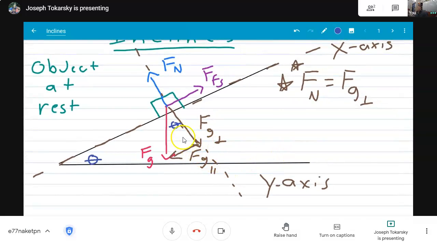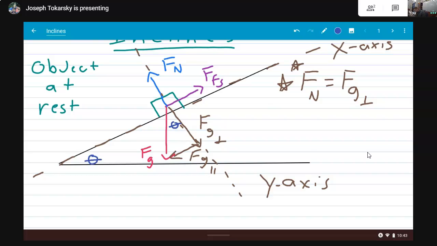All right. So if I have a reference angle theta, and these are sides to a right triangle because I drew them in head to tail like we discussed with components several weeks ago, I could simply use SOHCAHTOA to figure out the formulas for perpendicular and parallel components of the weight. So FG perpendicular, now let's start it like this actually.